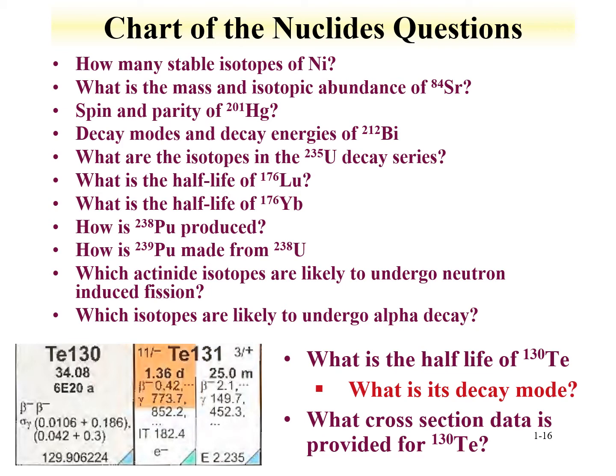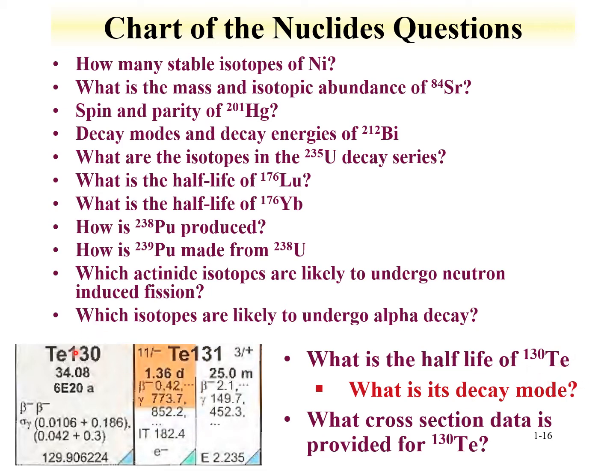So when they capture a neutron, they undergo fission. It's the sigma F. As an example, you can look at the data for uranium-235 or plutonium-239, and which isotopes are likely to undergo alpha decay, the heavier isotopes. So as an example, what is the half-life of tellurium-130?